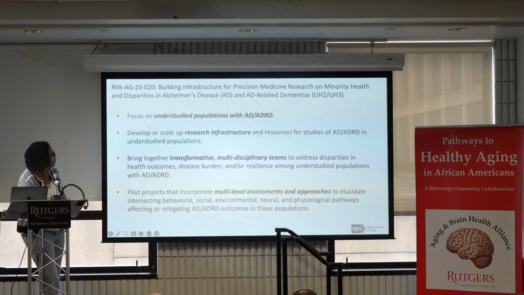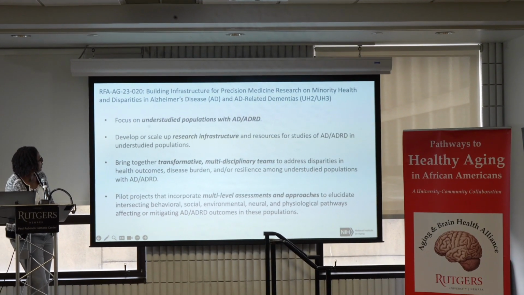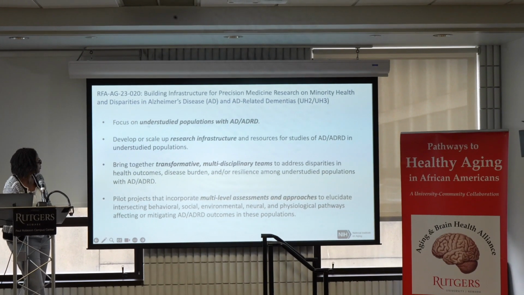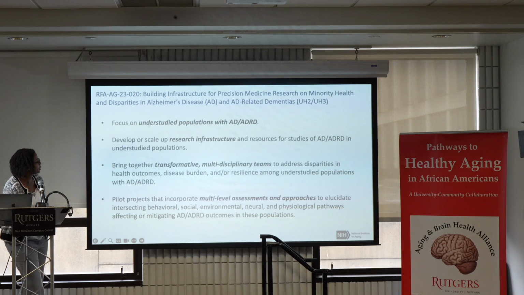So one, we wanted this to focus on populations that were understudied or not well represented in AD and ADRD research. And then it also focused on bringing together transformative multidisciplinary teams to address disparities, health outcome, disease burden, or resilience among those populations.